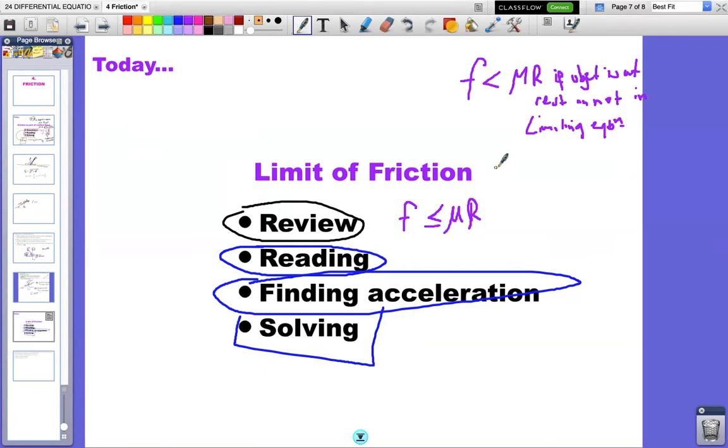And friction is equal to mu R if the object is in limiting equilibrium.